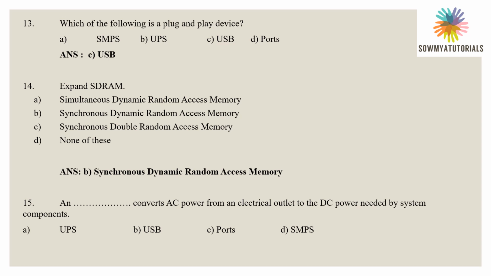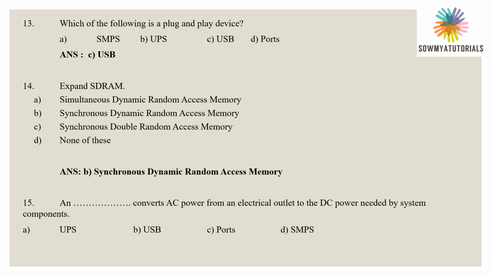UPS is a power supply that includes a battery to maintain the power in the event of a power failure. What is a USB? USB is a plug and play interface between the computer and add-on devices. Then option C, port. Ports and interfaces are used for connecting external devices like printers, scanners, and digicams, etc.